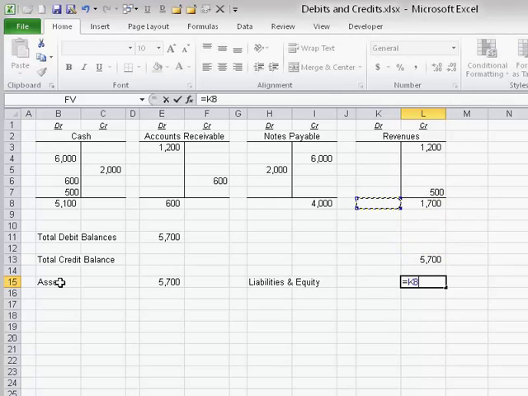And that's equal to the 4,000 plus the 1,700. And you see we're in balance. Okay? So here we've completed our brief look at debits and credits, and let's go through the details of them again.